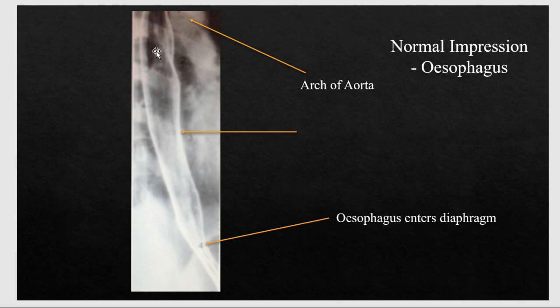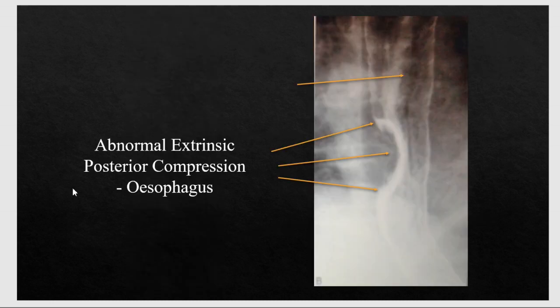And this is the esophagus. This is the constriction. The esophagus enters the diaphragm and goes in. This is the intra-abdominal part of the esophagus, the lowermost, and this is the impression of the arch of aorta here. This is the normal impression over barium swallow, and this is the abnormal one.